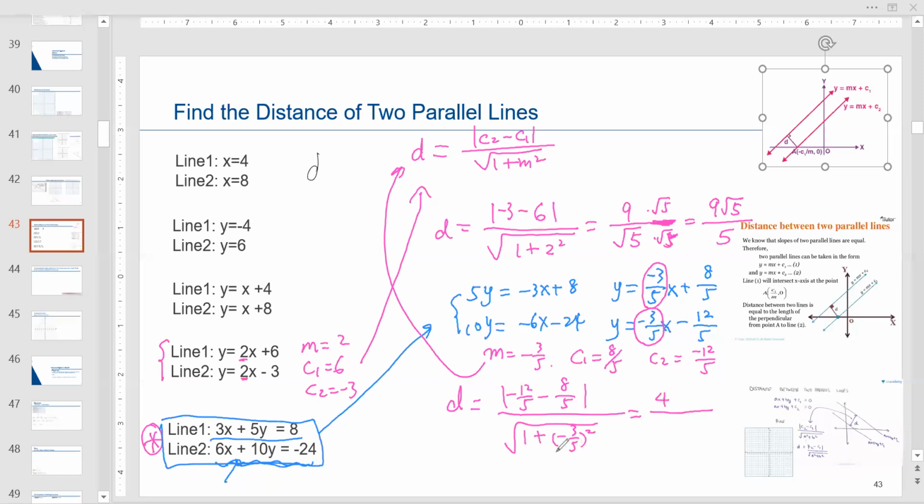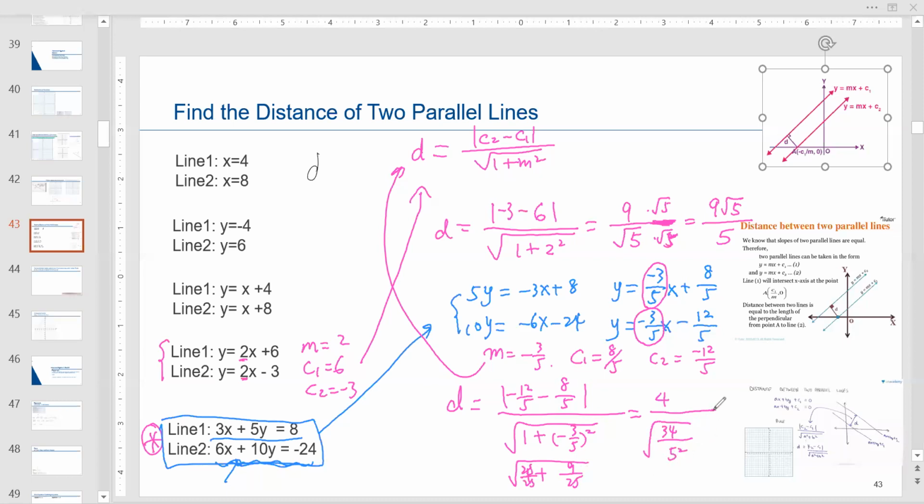The bottom is the square root of 1 plus 9 over 25, and together that becomes 34 over 25, the square root of the length.